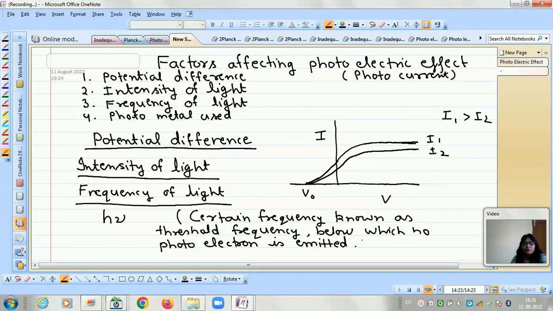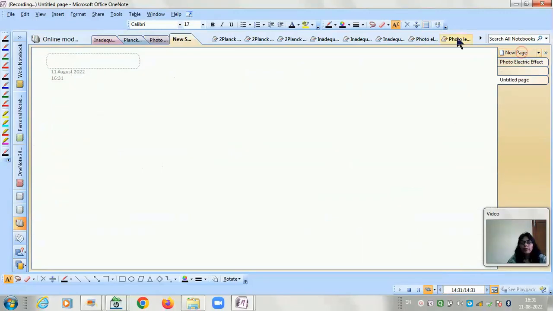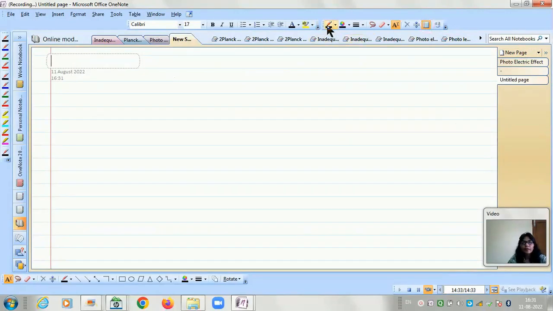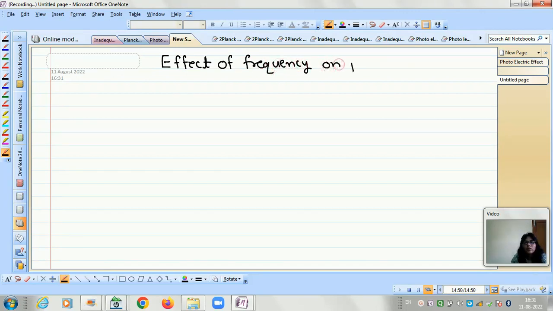So either the frequency should be equal to the threshold frequency, or it should be more than the threshold frequency. So let us go to the new page. So we are discussing the effect of frequency on photocurrent.